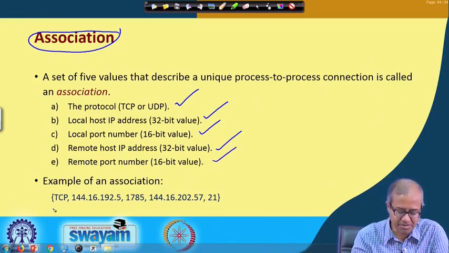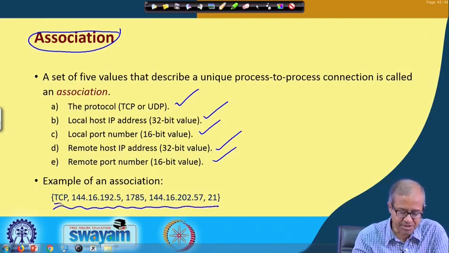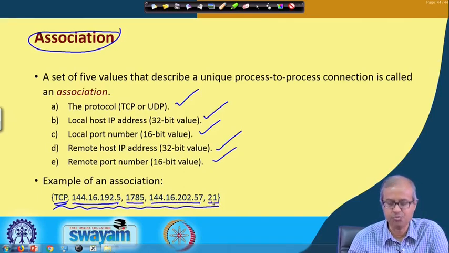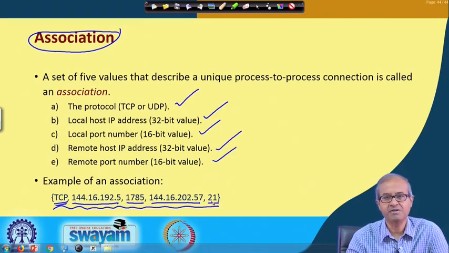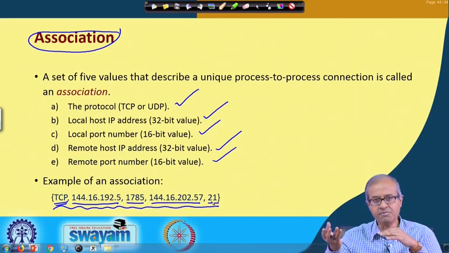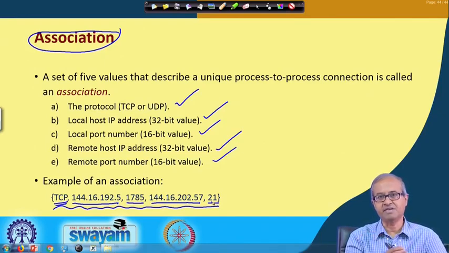So, this can be an example of an association: the protocol TCP/IP, local IP address, local port number, remote IP address, remote port number. Whenever you communicate over the internet, this kind of association gets created automatically in the underlying networking software or the networking driver.